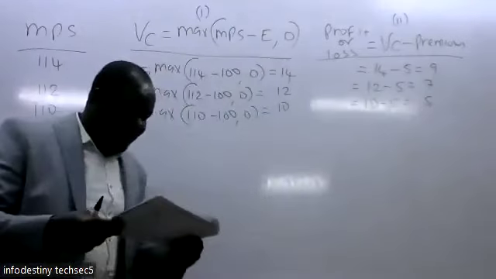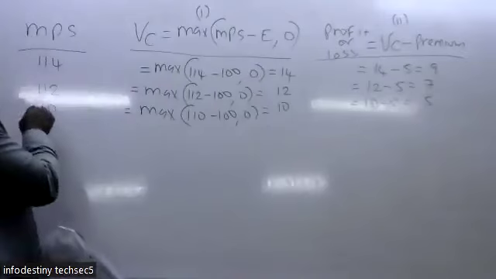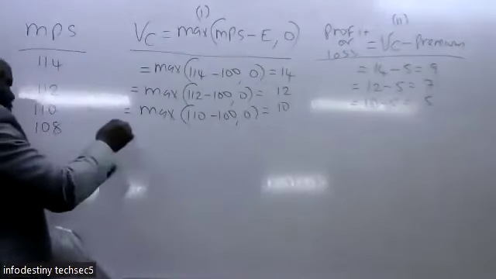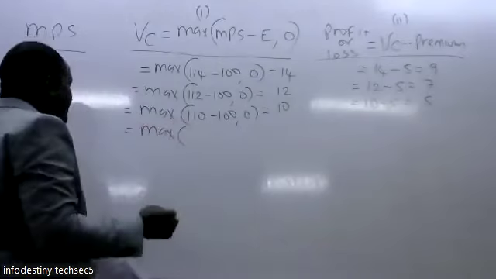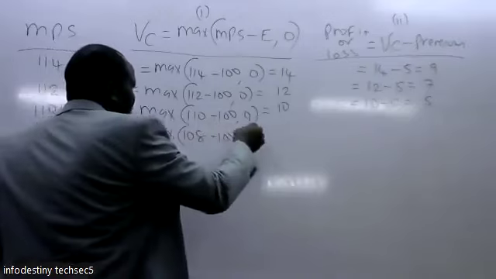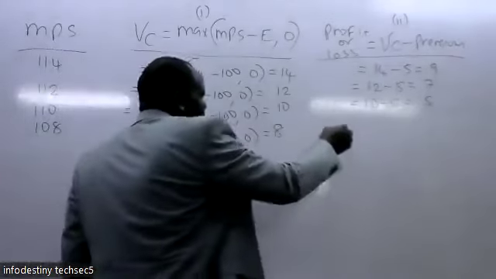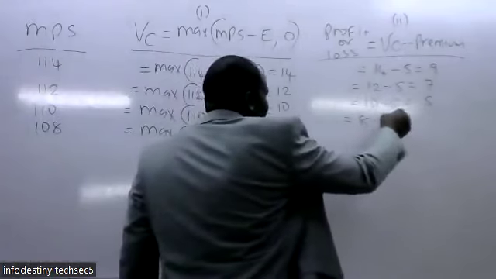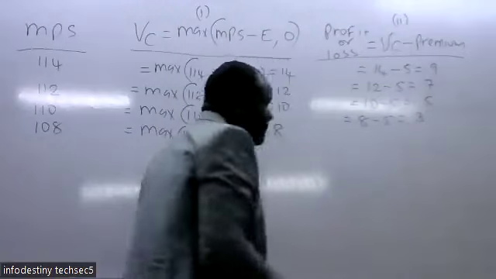We go to the next price, which is 108. The next price is meant to be 108, where you get maximum, also 108 minus 100. So is it 8? Yeah. So that's now the movement 8 minus 5, which will be 3.